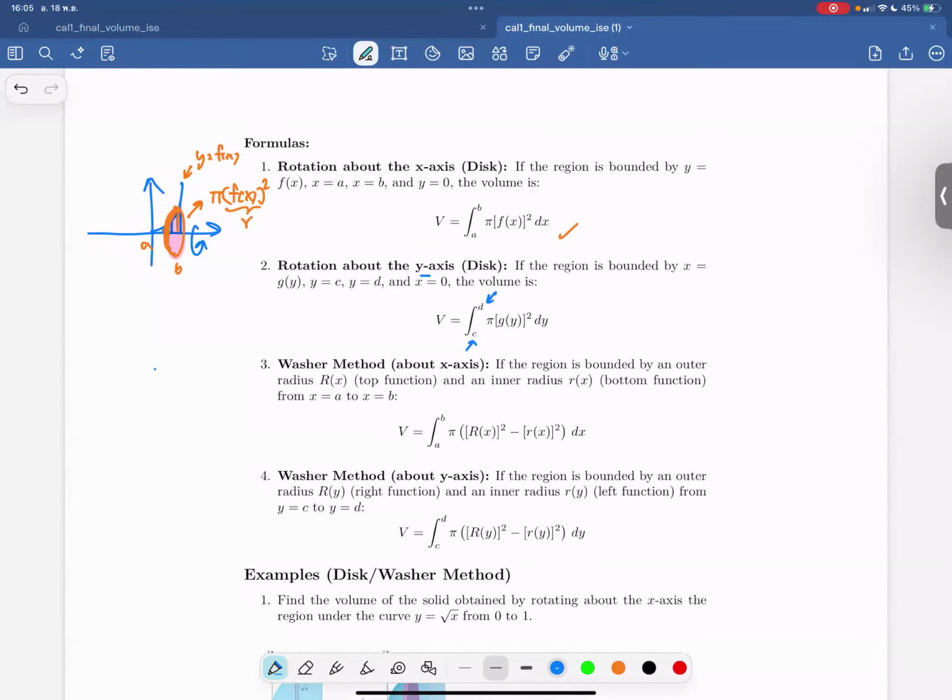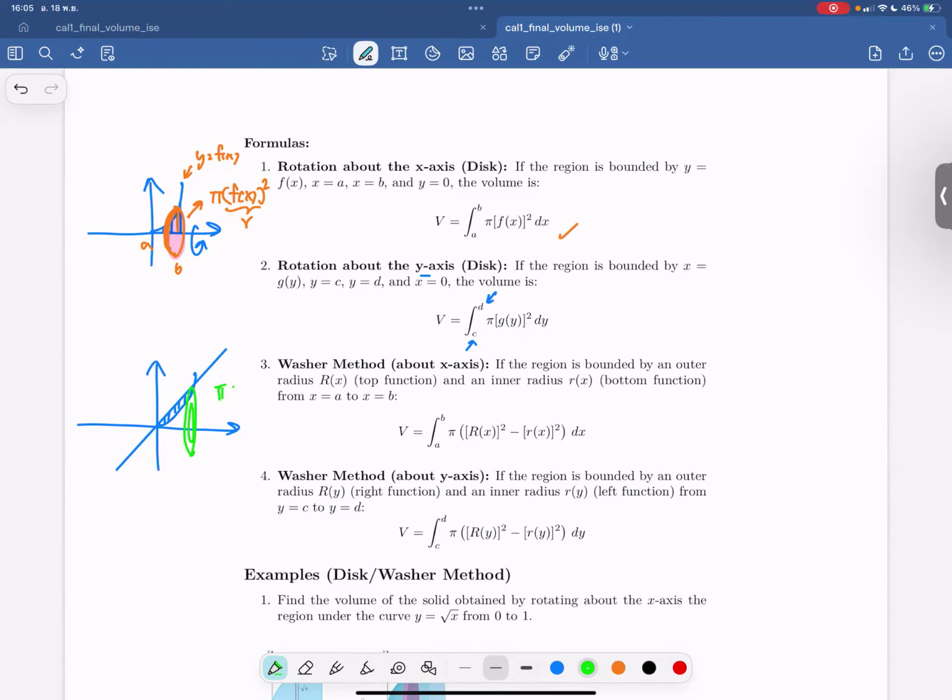But the Washer method is kind of more advanced. We take the area between two particular functions, and the area of the rotation is between them. So when we rotate, instead of getting a circle, we obtain a ring.